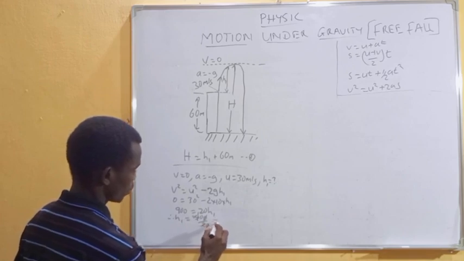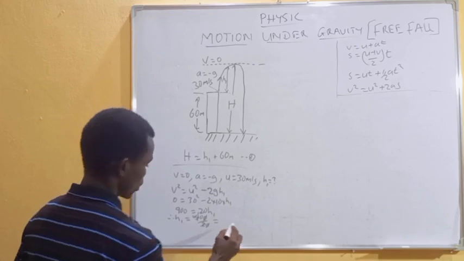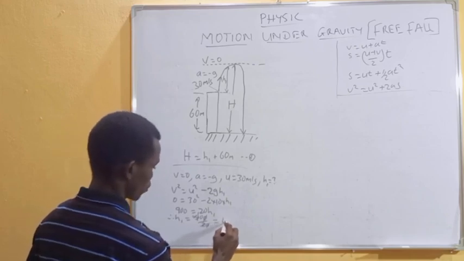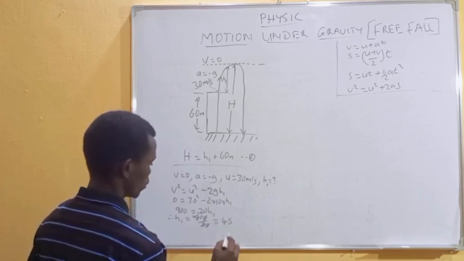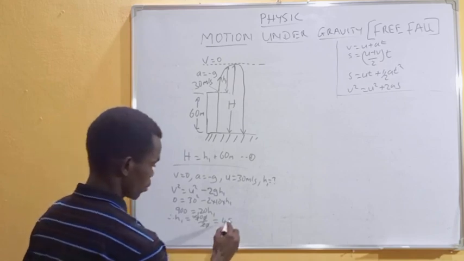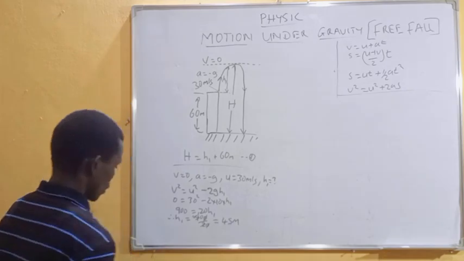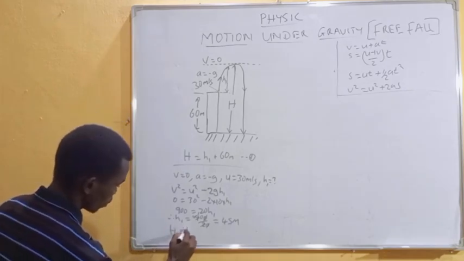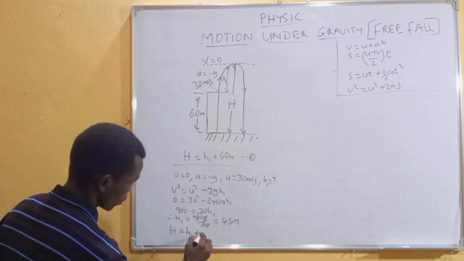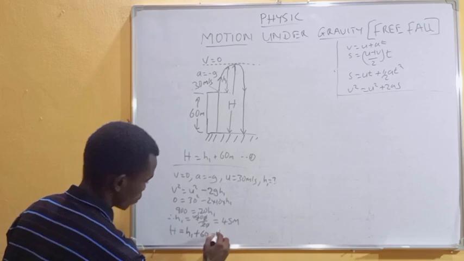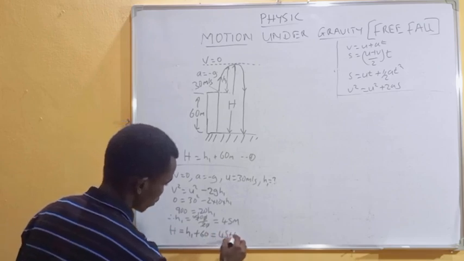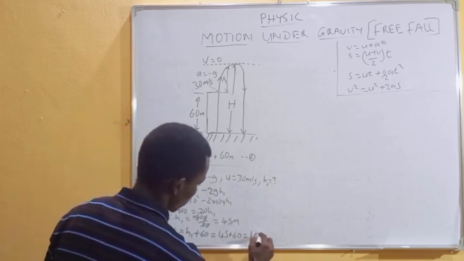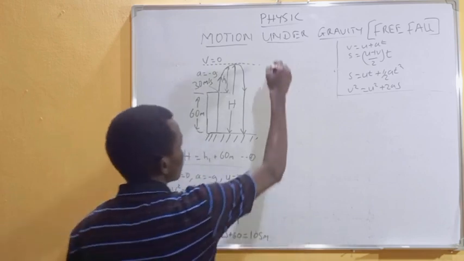So we have H1 is equal to 45 meters. Therefore, to find our height from the ground level, which is H1 plus 60, we now have 45 plus 60, which is 105 meters.